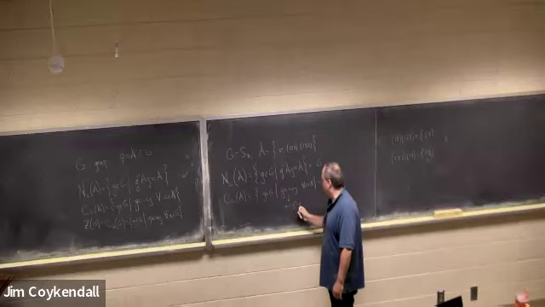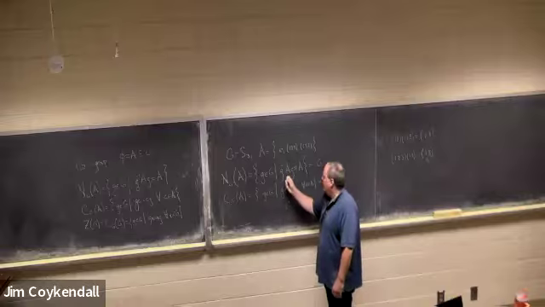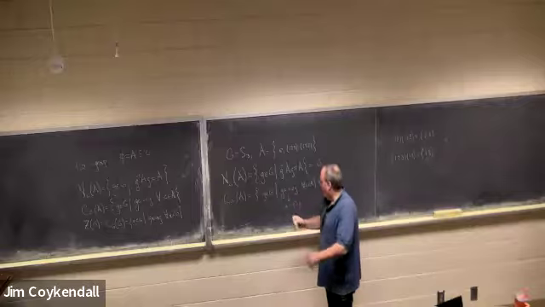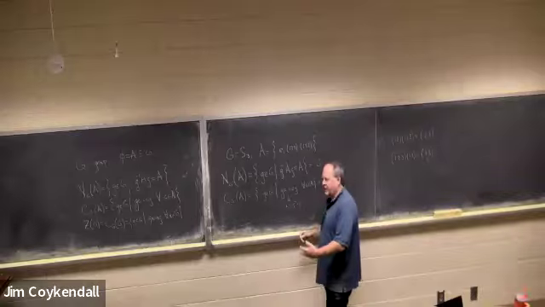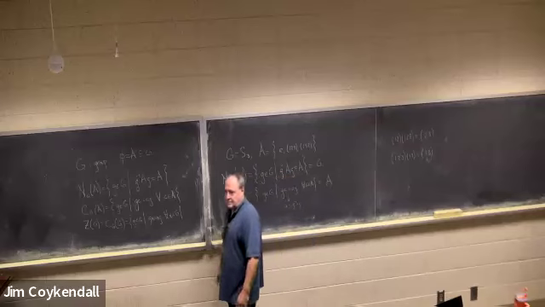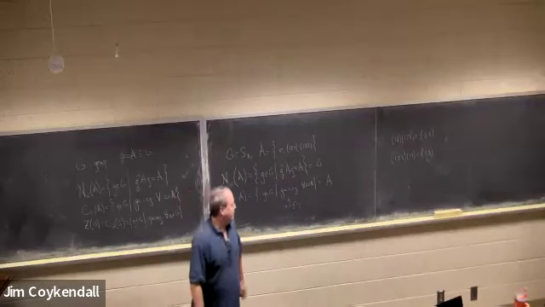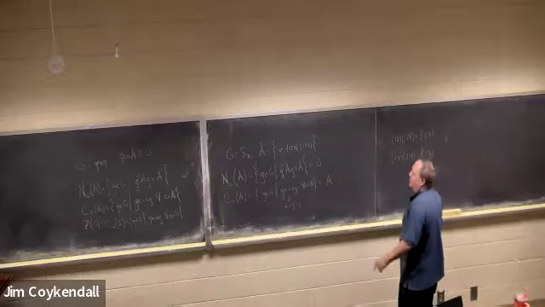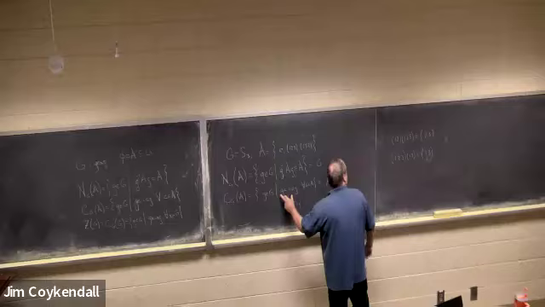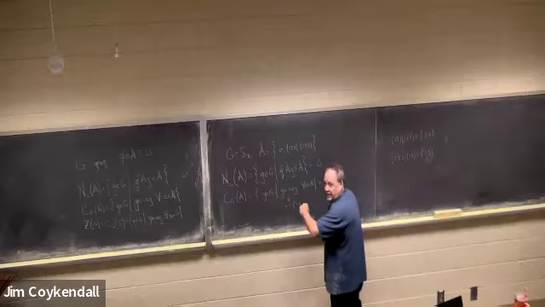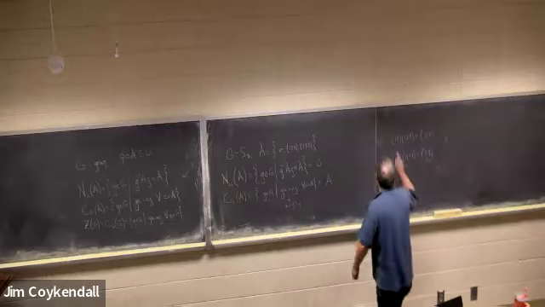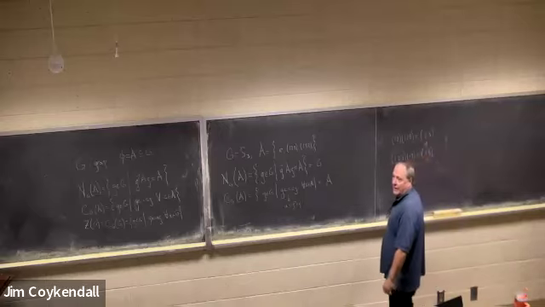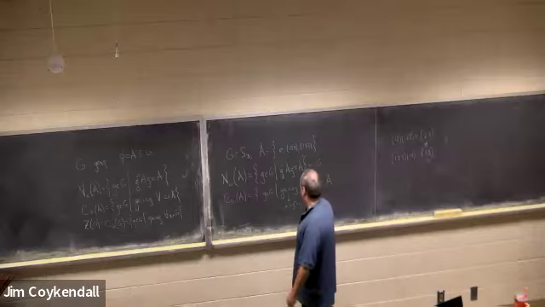When you do g inverse A g, it leaves the set alone, which means it could have pushed the elements around inside the set without fixing them all. That's the difference. So how is that equal to A if (2 3) is not an element? Well, it violates this. What that means is (1 2) is not in the centralizer, because (1 2) times this gives you a different result than this.